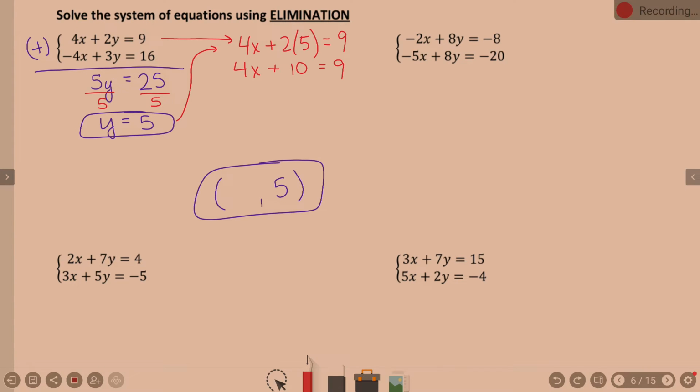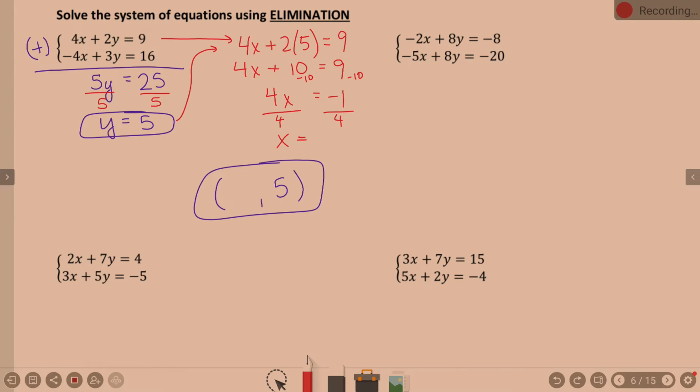If it's 4x plus 10, subtract 10. 4x equals 9 minus 10 is -1. This is where you say, it's not going to divide, but we just have to write down the answer. It's all fine. If it's 4 times x, we're going to divide by 4.